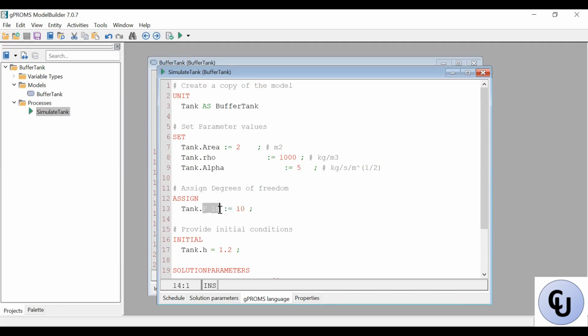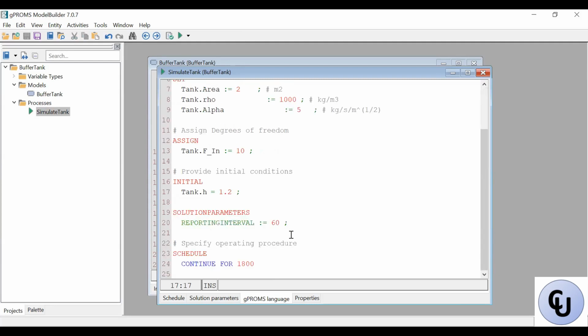So that's F in: specify the value of the F inlet flow as 10. And because we have 1 differential equation, we need 1 initial condition. So here we are using the tank, and we're specifying the height, the liquid level of the tank, at the initial stage of the process.